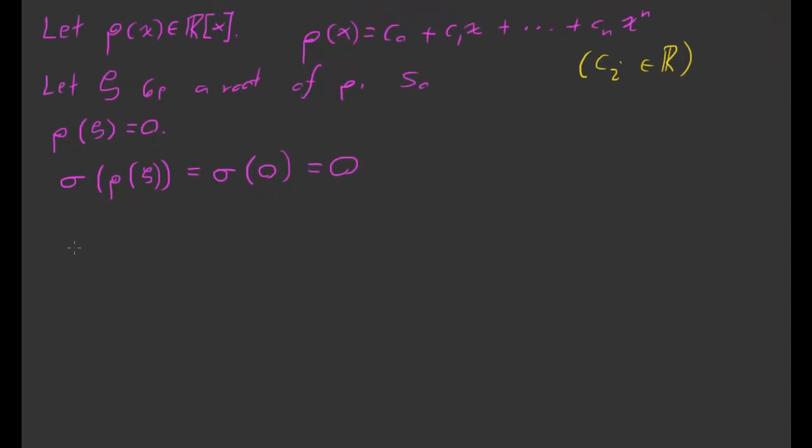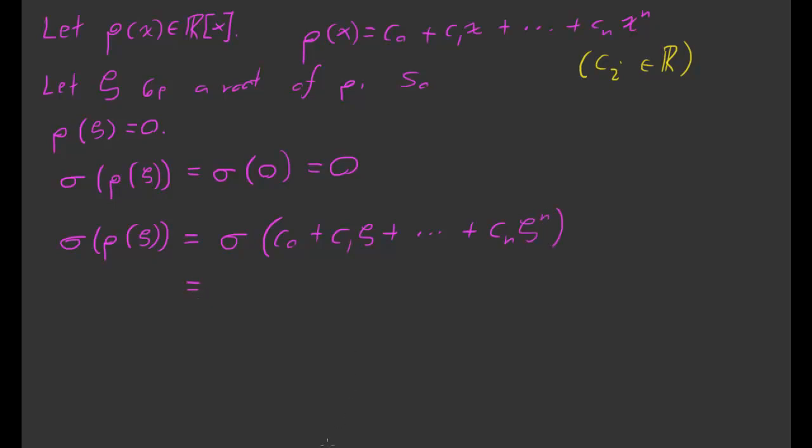But on the other hand, sigma of P of zeta, well, let's write it out. It's equal to sigma of C0 plus C1 zeta plus ... plus Cn zeta to the n.